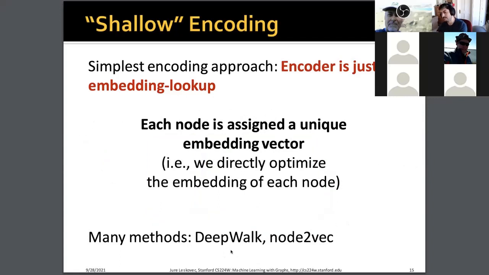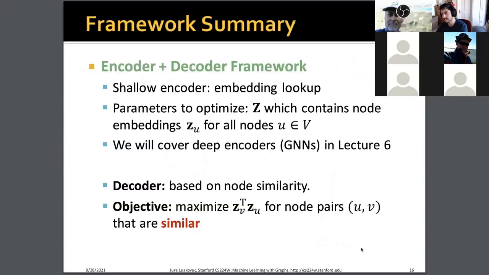There's a bunch of different metrics. We'll be looking at DeepWalk and node2vec in this one. Putting together all of the pieces, we have this shallow encoder. That's just that big embedding lookup I just mentioned. Then we have the parameters we want to optimize, which are the values within that embedding.